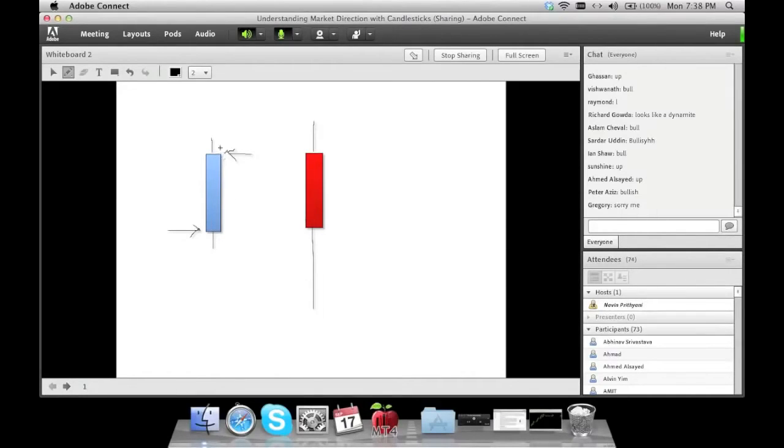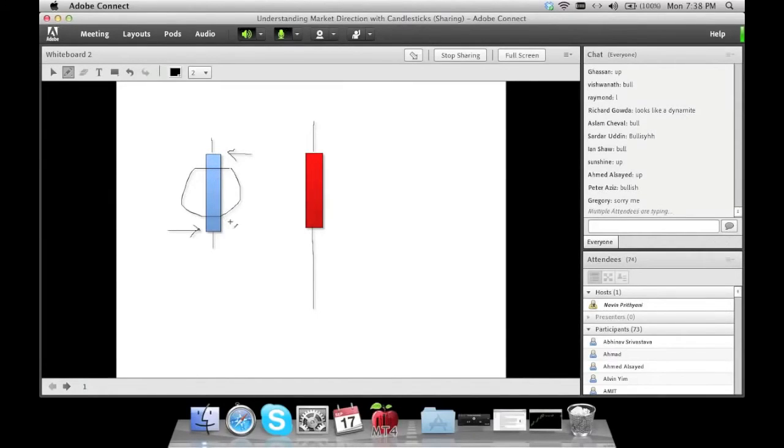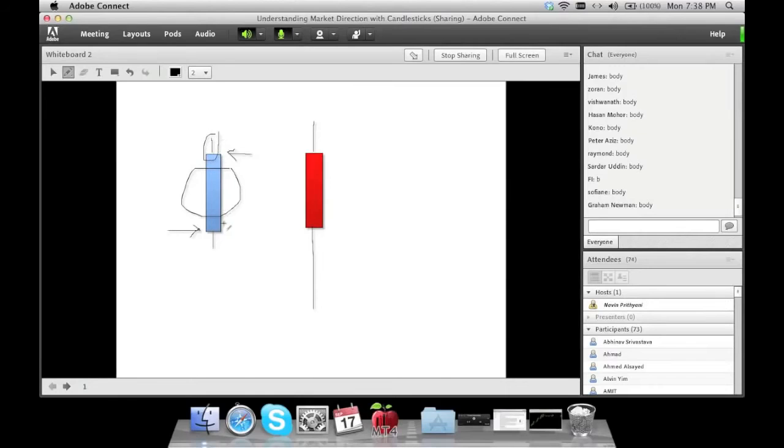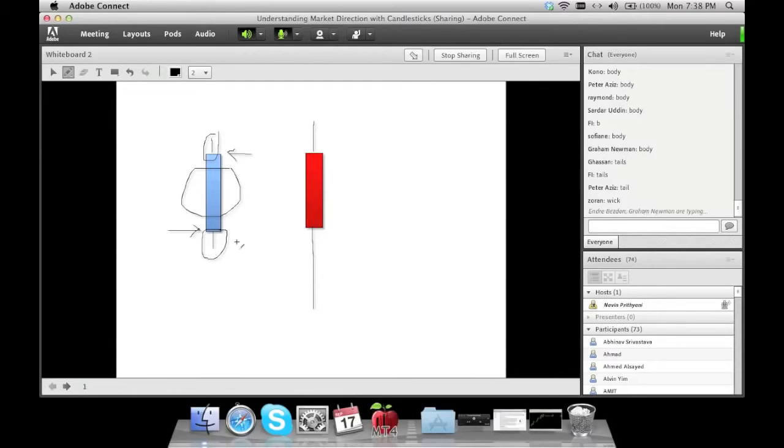Okay, what is this area called here? What is this big solid area called? Okay, that is what we call the body. That is referred to as the body. These pointy things that come out of that are referred to as the wicks or tails. I like to call it tails, but the professional word is wicks.